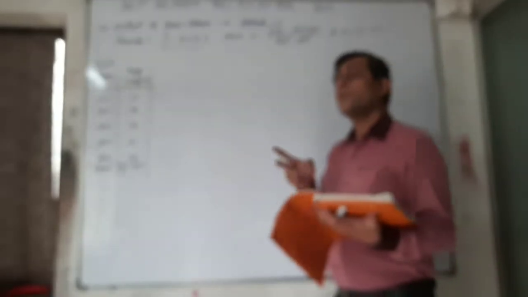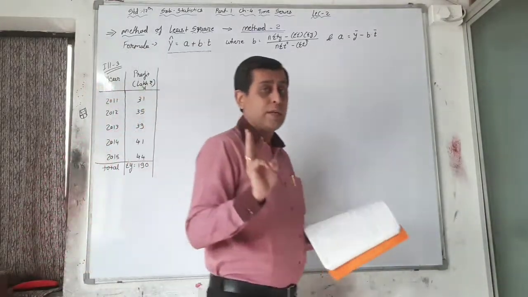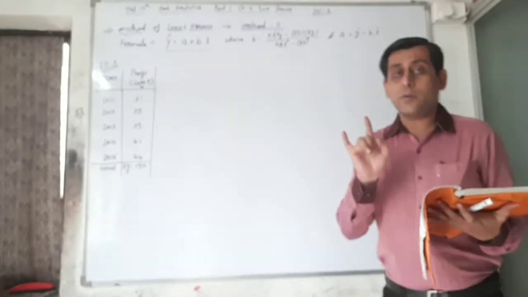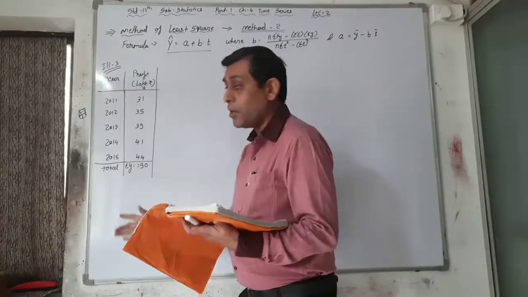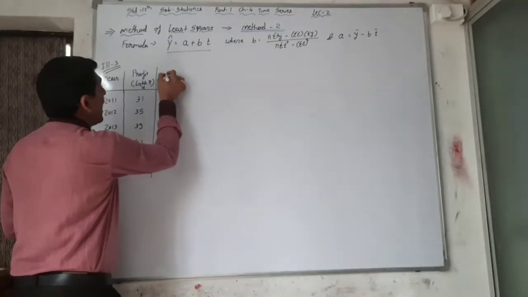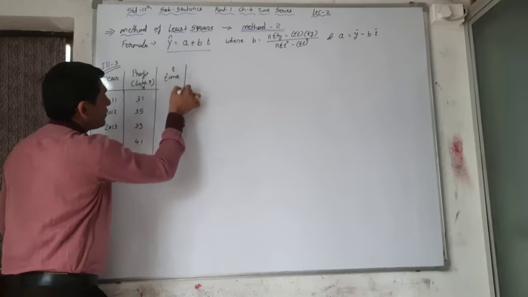So the difference between chapter number 3 and chapter number 4 is that two variables, X and Y, are given in chapter number 3 and only one variable, Y, is given in chapter number 4. And the year is given, and on the basis of this year we first have to make the column of time, that is called the T column.